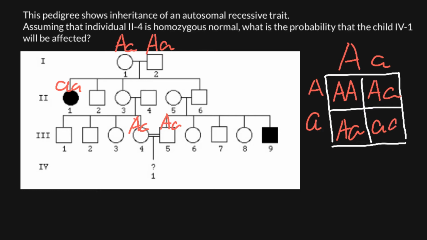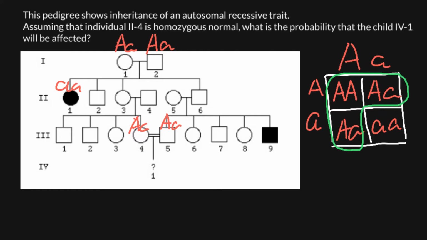We know that this female is phenotypically normal, so she belongs to one of these three genotypes. She is not affected, so she doesn't belong to this genotype, and her probability to be heterozygous is 2 out of 3.